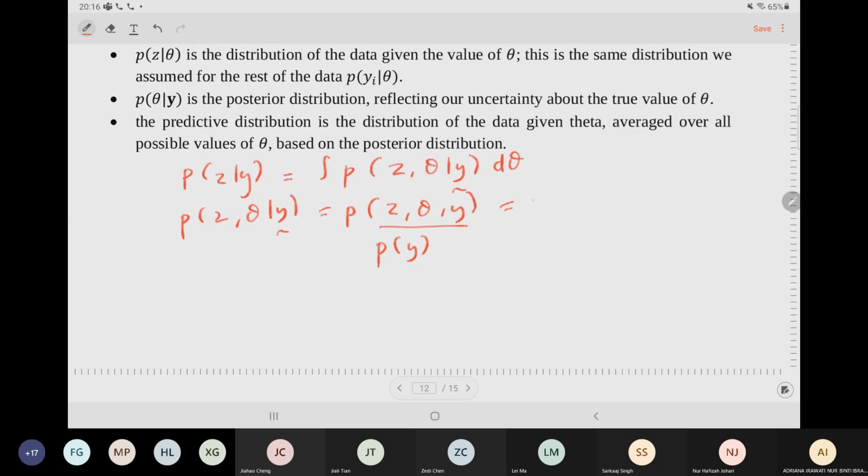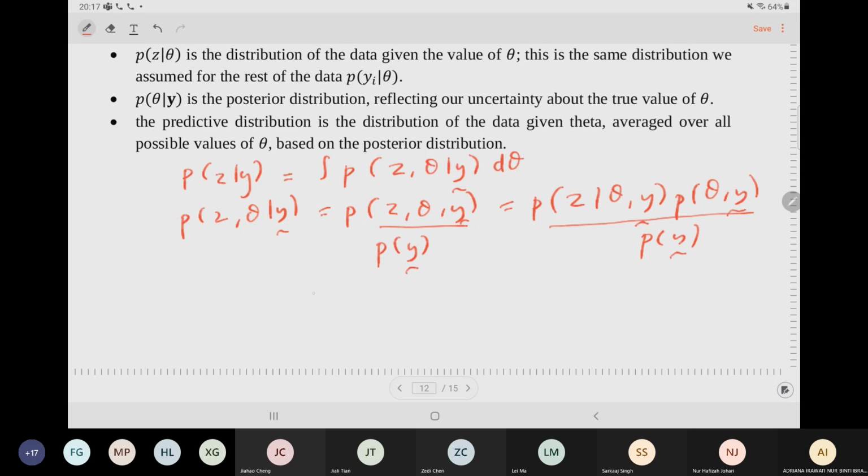And then this z, theta, y you can get from your conditional, given y. So y is a vector.